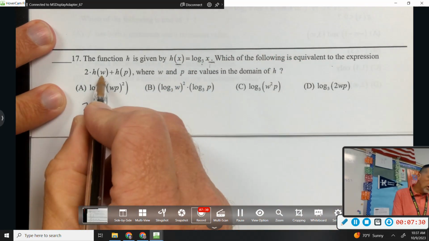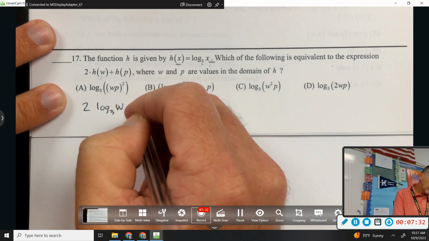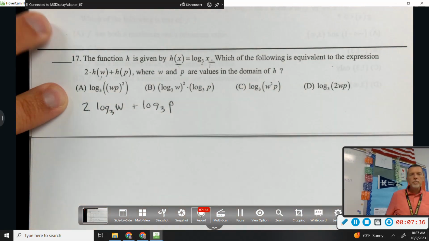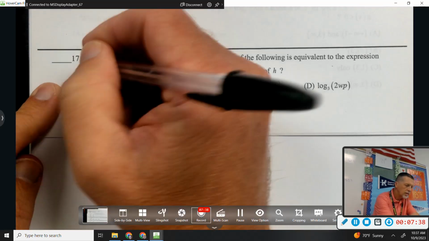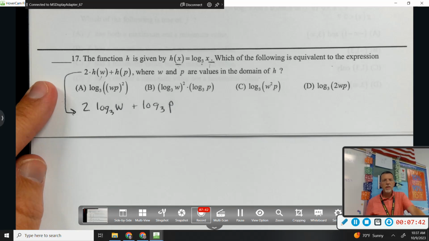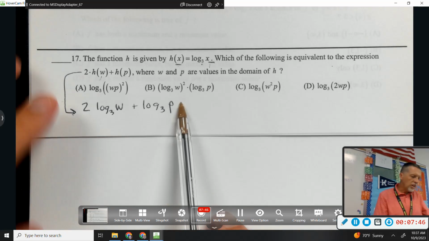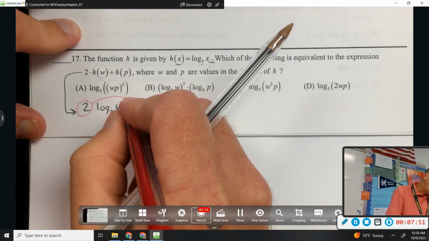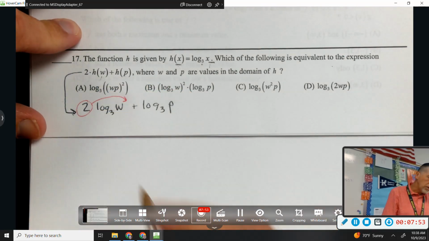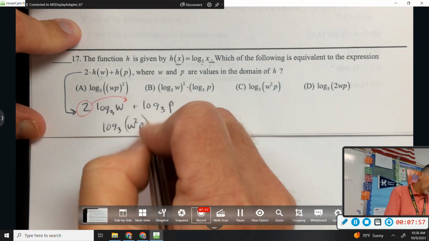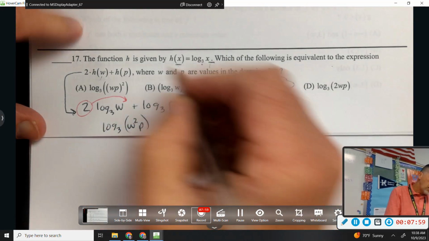So 2 log base 3 of w plus log base 3 of p is that expression, because h is log base 3 of the input. And then properties of logs. This 2 can go up on the w, but only on the w. So w squared p. Answer choice C.